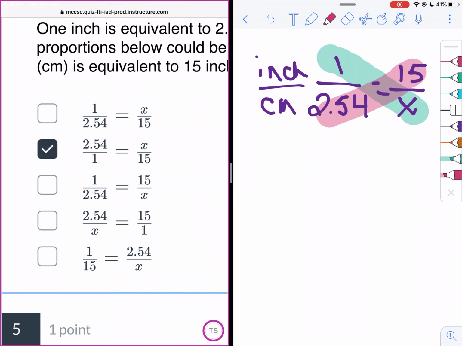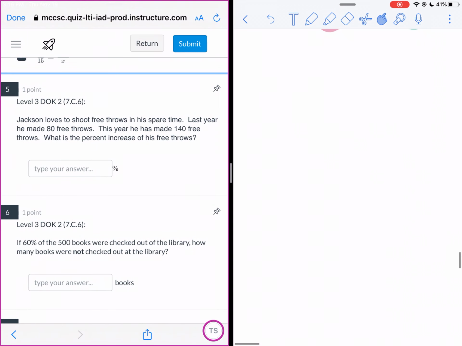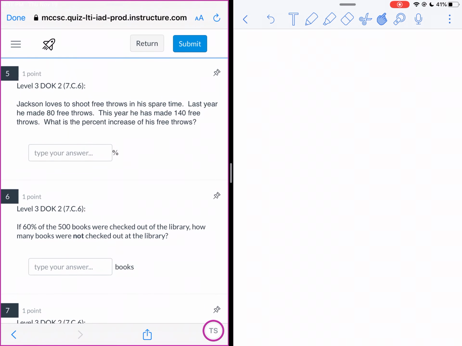Okay, so this one does. We make sure that those all match, and that's all we have to do on that one. So we didn't have to actually solve the cross multiplying. If you wanted to solve all of them, you could, and then just pick the ones that had the same answer.